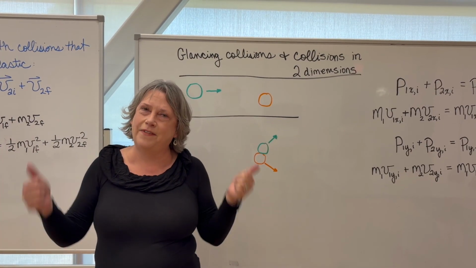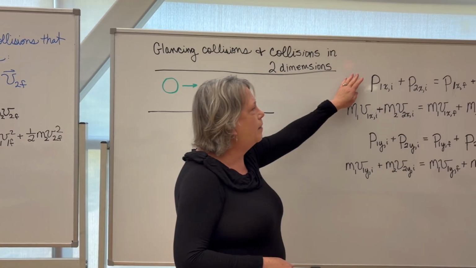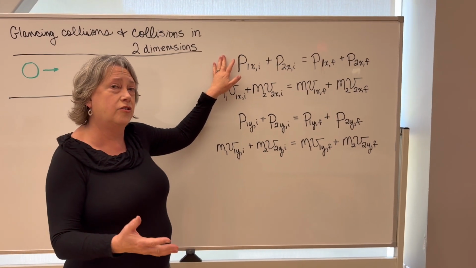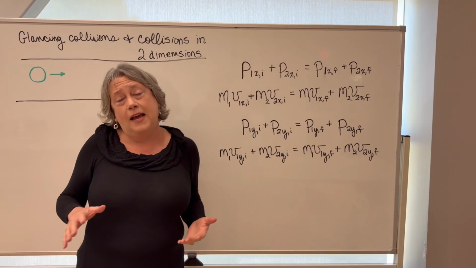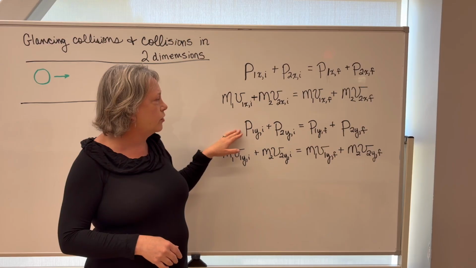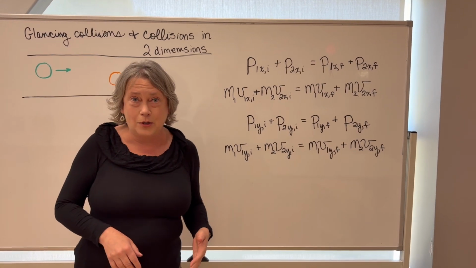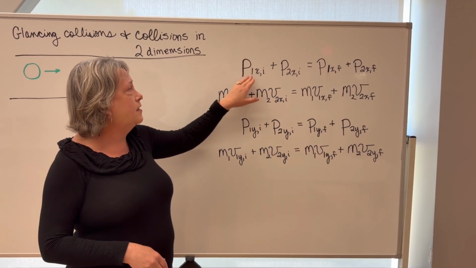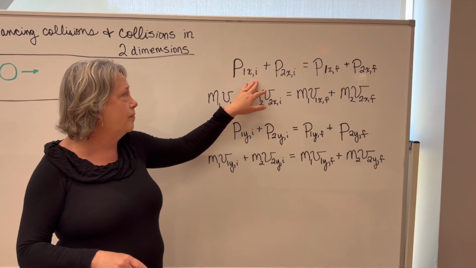Recall momentum is a vector. So what that means is I'm going to write my equation for momentum conservation in the x direction and in the y direction, because momentum has to be conserved in both the x and the y directions. Now I know there's a lot of subscripts on here. If I expand this out, this is the momentum of object 1 in the x direction initial.